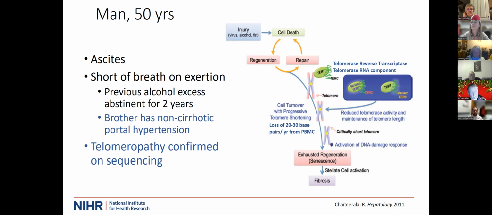Cirrhosis is scarring of the liver, which I'll show you in a minute. He didn't have cirrhosis, but he had portal hypertension, which generally happens by building of pressure in the circulation to the liver. The usual cause is cirrhosis.